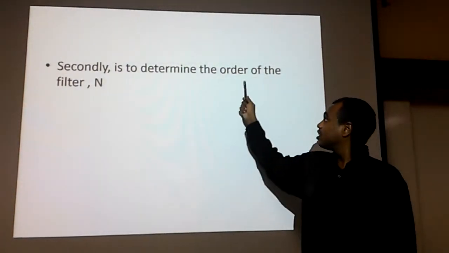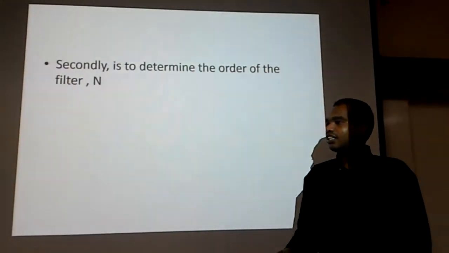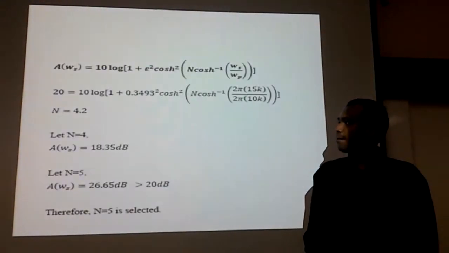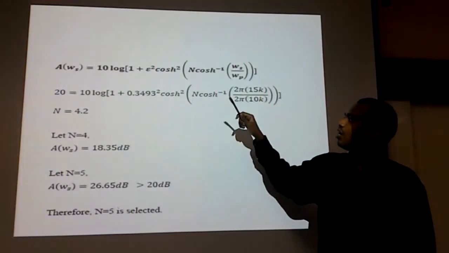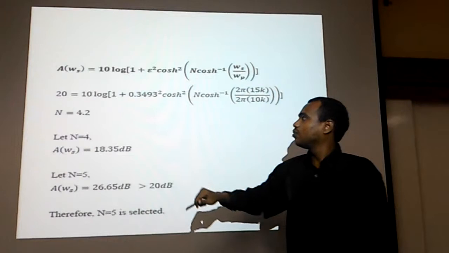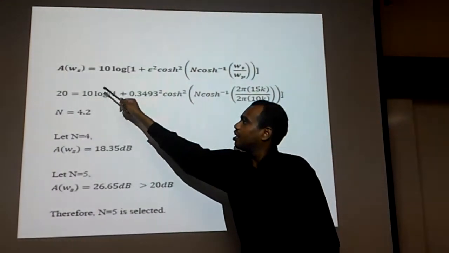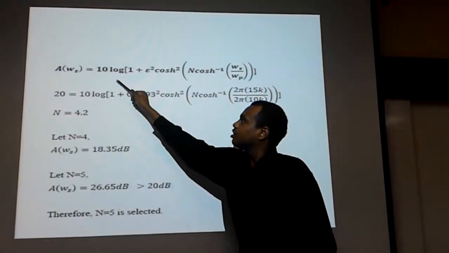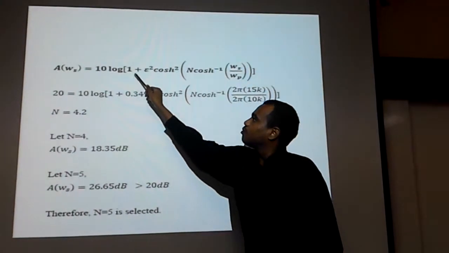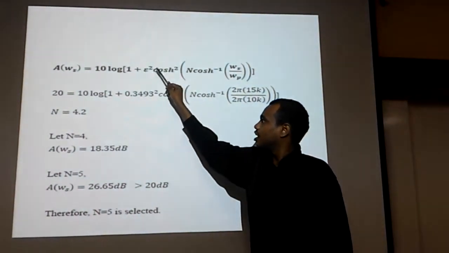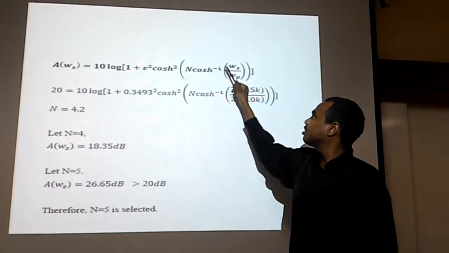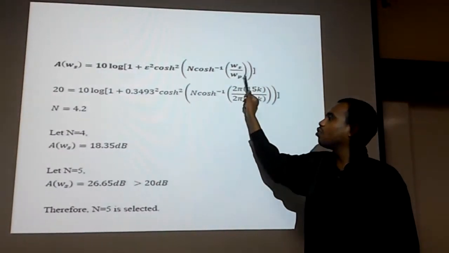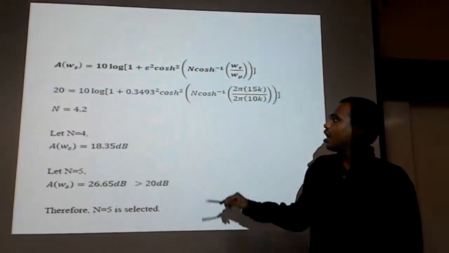Secondly, we determine the order of the filter N. To determine the order of the filter, we use this equation: A omega s equals 10 log of 1 plus epsilon squared cosh squared of n cosh inverse of omega s over omega p.